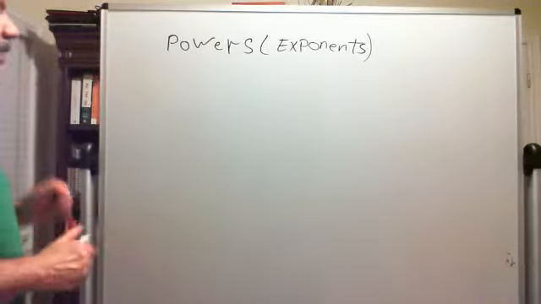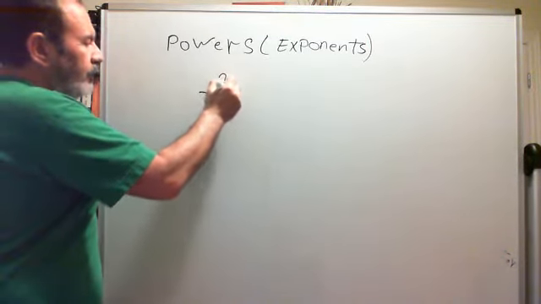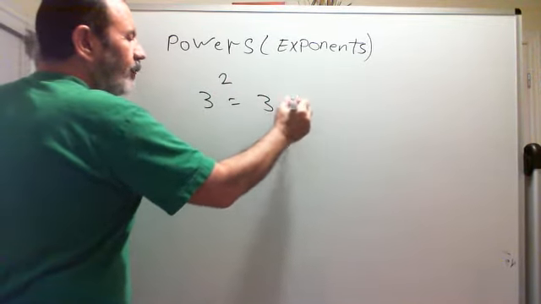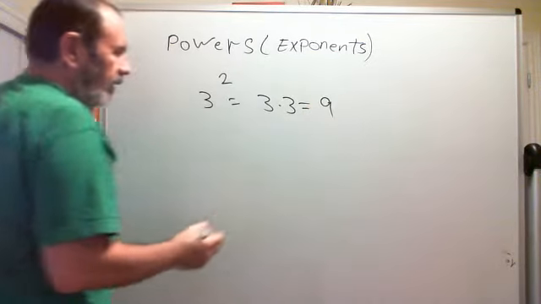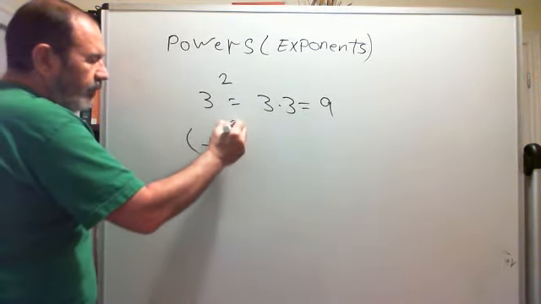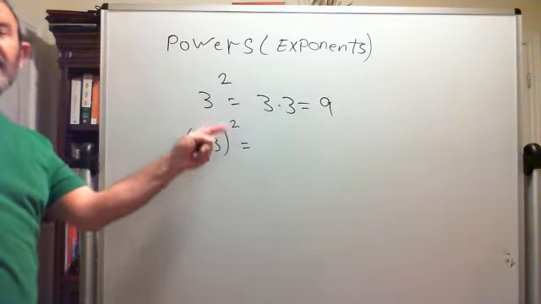Tricky questions. When I say 3 to the power of 2, it means 3 multiplied by itself 2 times, which is going to be 9. If I say (negative 3) to the power of 2, as you see, this negative 3 is inside the bracket.